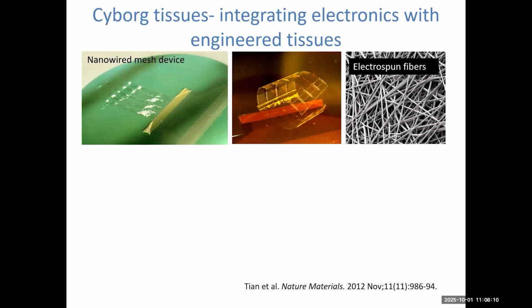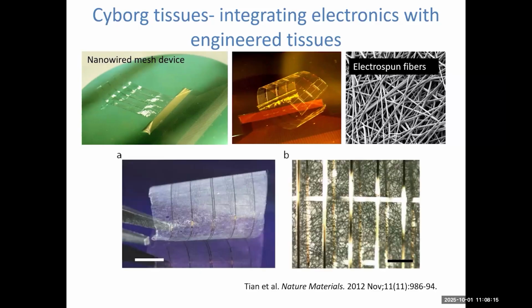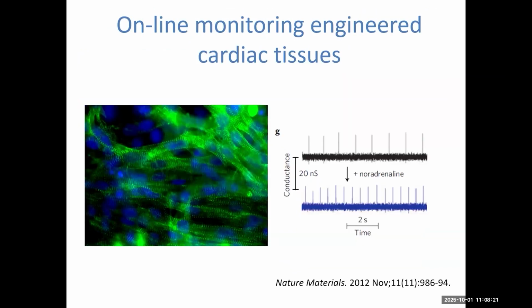We incorporated it into, in this case, electrospun fibers to have scaffolding material, scaffolds with many, many nanosensors within. We cultured cardiac cells, and as you can see, this is just one electrode, but we could see the function of the tissue. We could add drugs like noradrenaline and see how the tissue reacts.